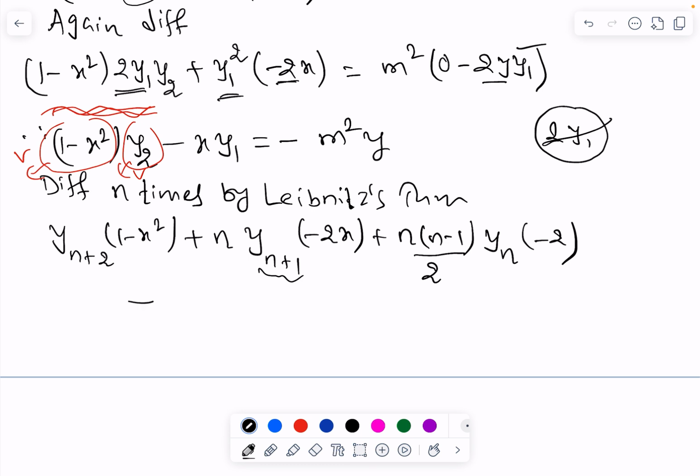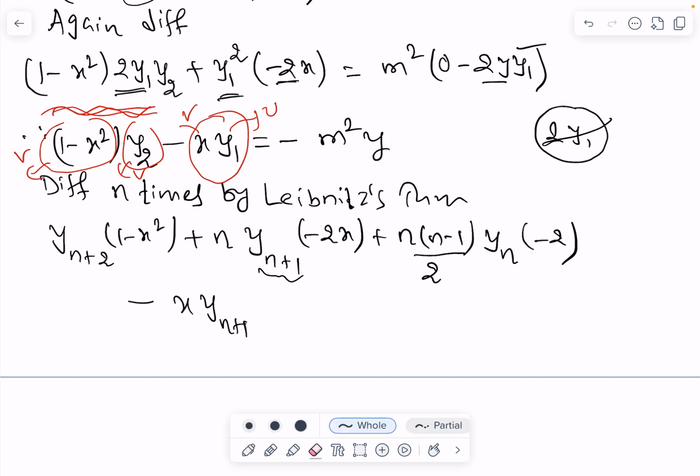Now for x into y1, we apply Leibniz theorem to this also. So here y1 you can consider u, this we can consider as v. So minus x yn plus 1, n times derivative of y1.